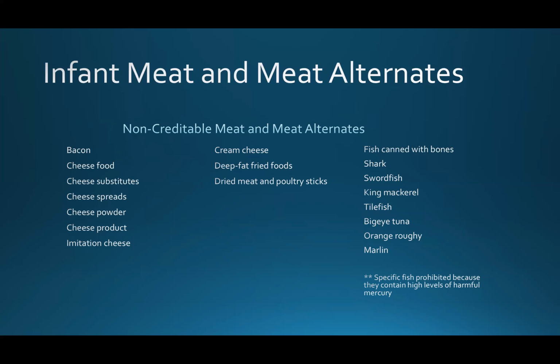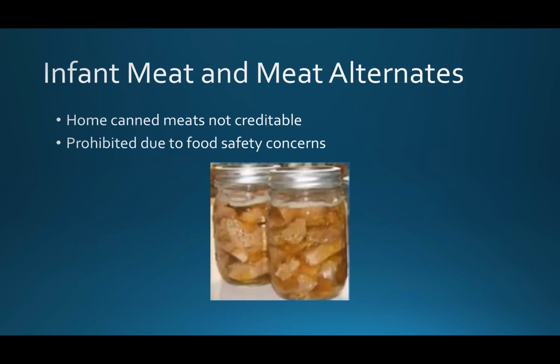The specific species of fish listed are prohibited because they contain high levels of harmful mercury. Home canned meats are not creditable and prohibited due to food safety concerns.